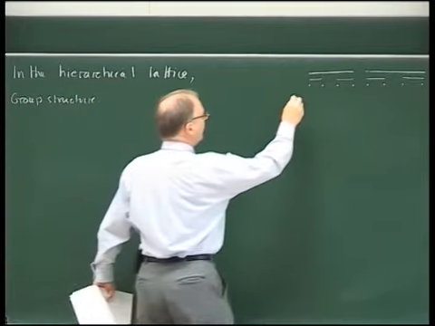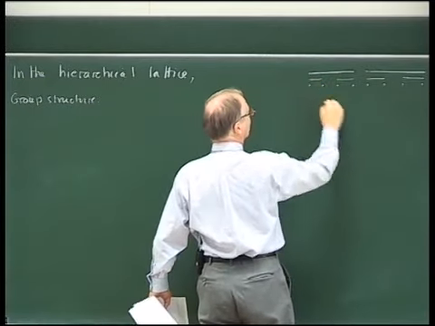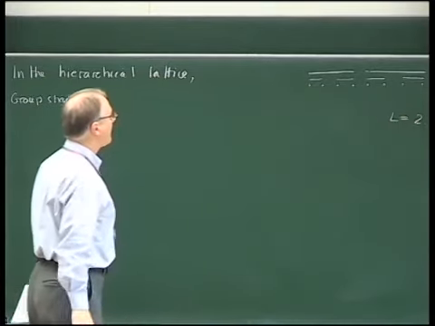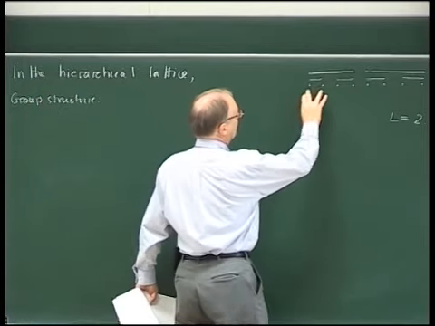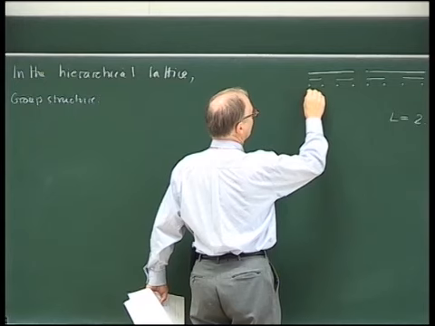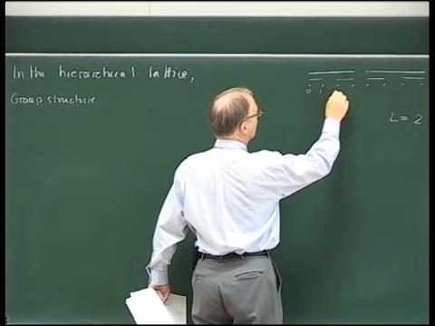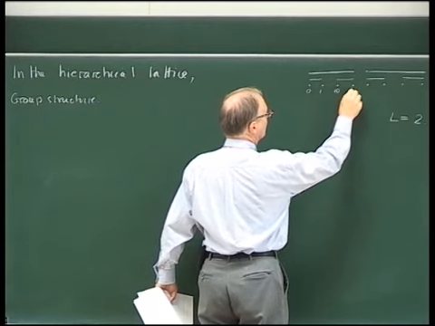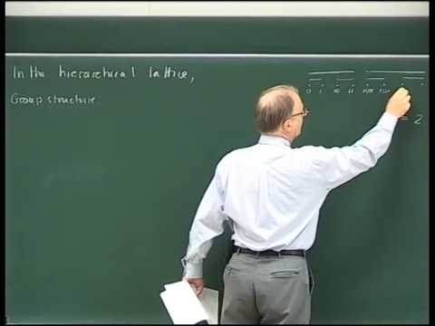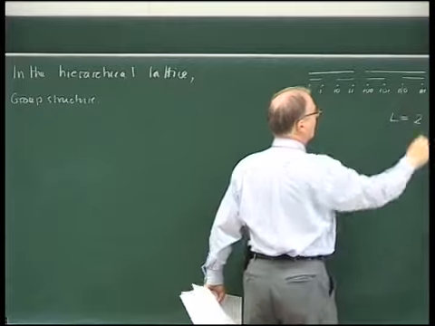So you remember that for the hierarchical lattice, in this case, which was given by L equals 2, the points actually are binaries, are sequences of zeros and ones. Like this is 0, this is 1, this is 1 0, 1 1, 100, 101, 1 1 0, 1 1 1, and so on.